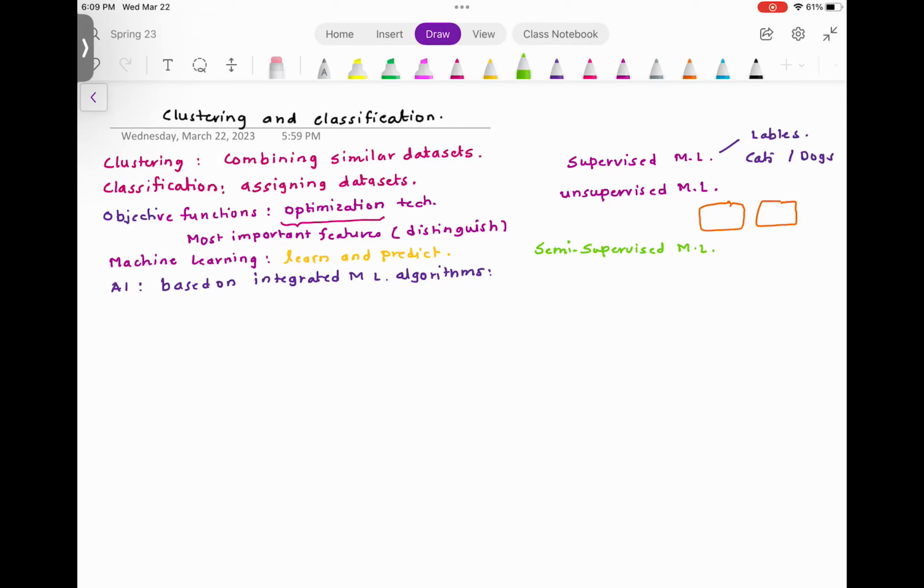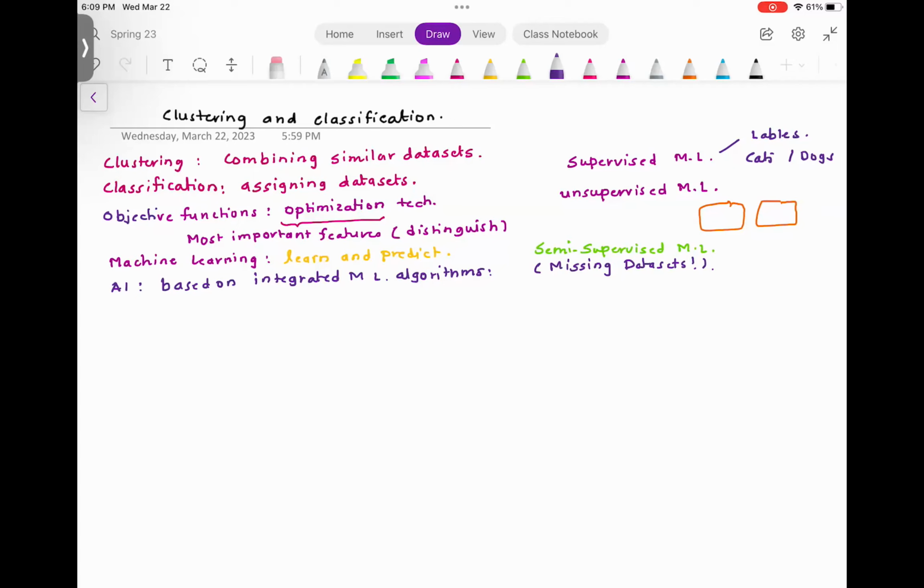But in semi-supervised machine learning, the data set is not complete. So you have missing data sets.